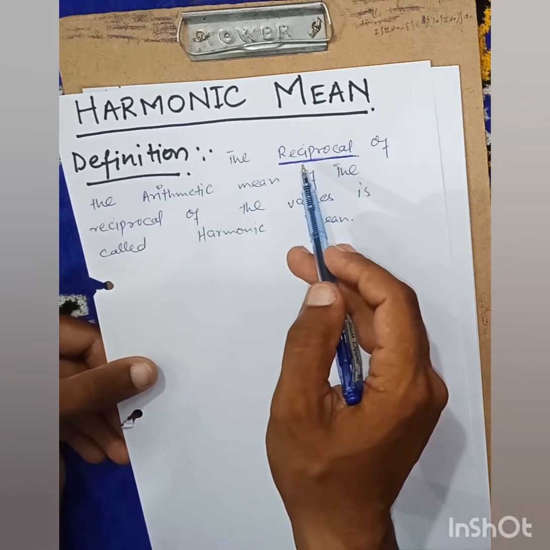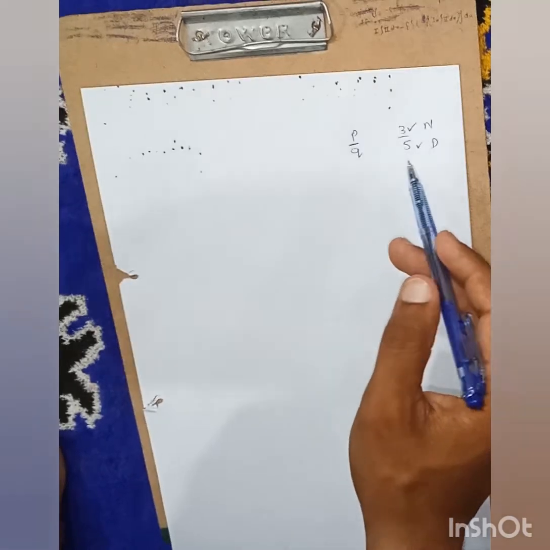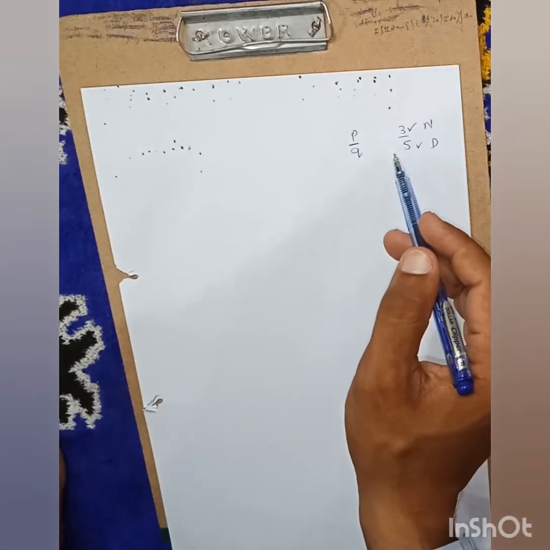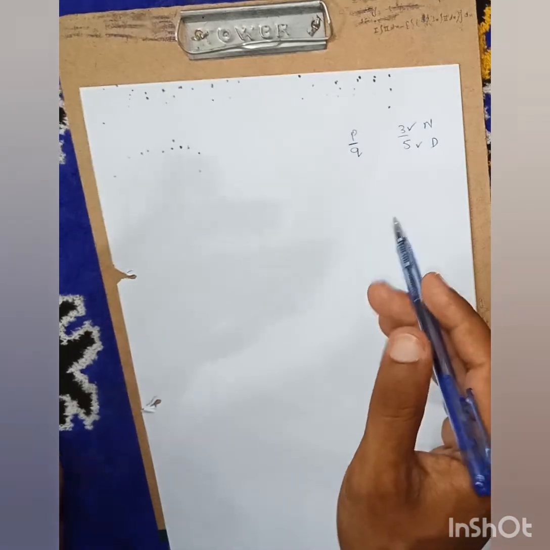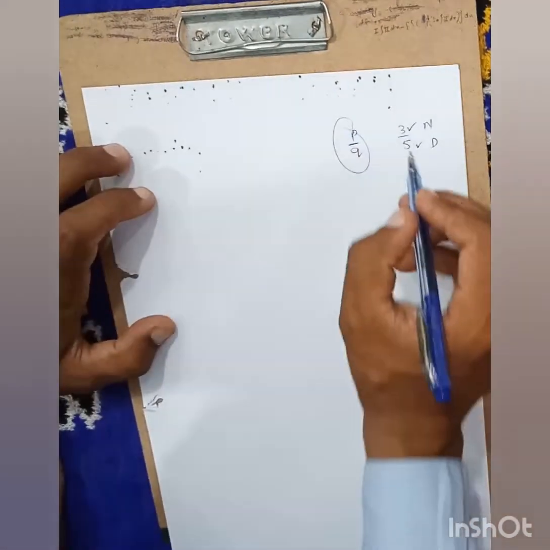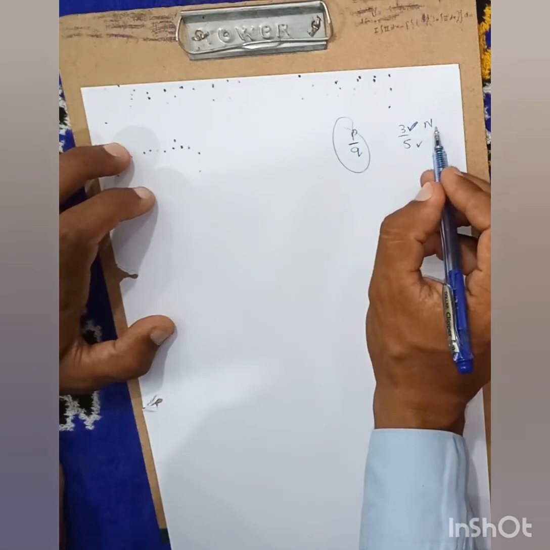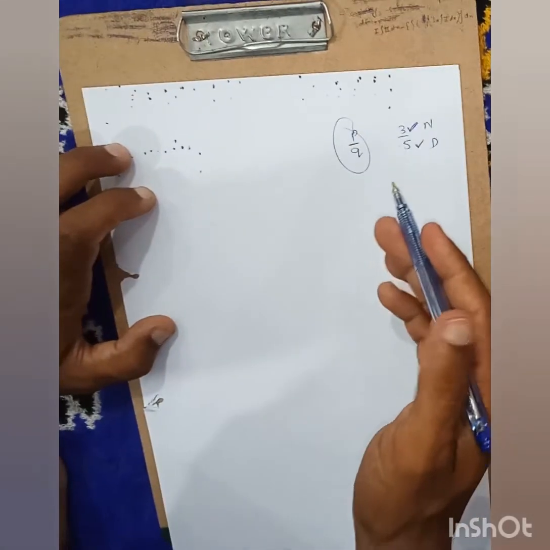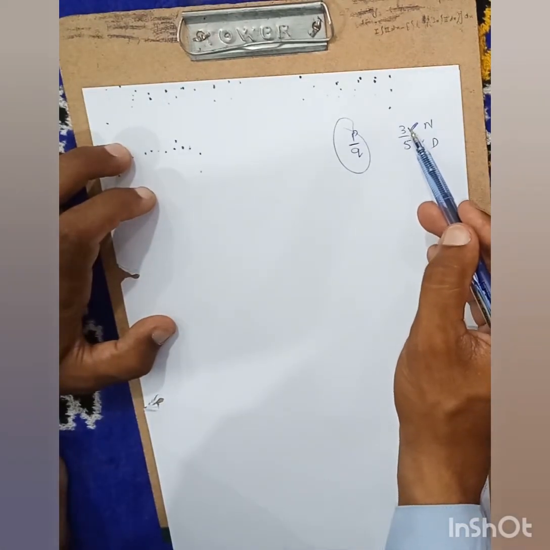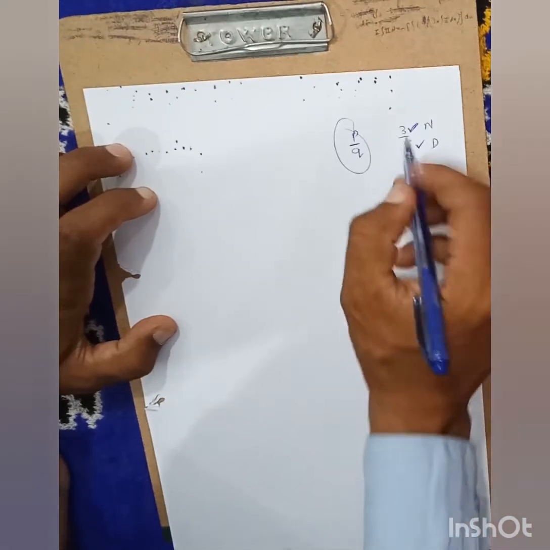So whenever we have a number, or given equations, or observations, or data in p by q form, the upper one we call the numerator and the lower one we call the denominator, and reciprocal means that when we change the positions of numerator and denominator, we call this a reciprocal.